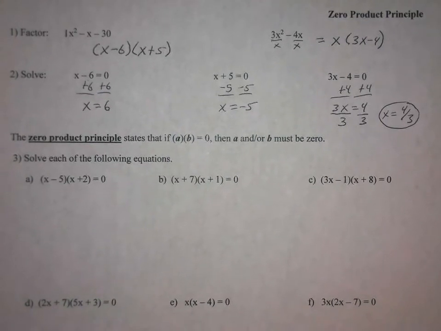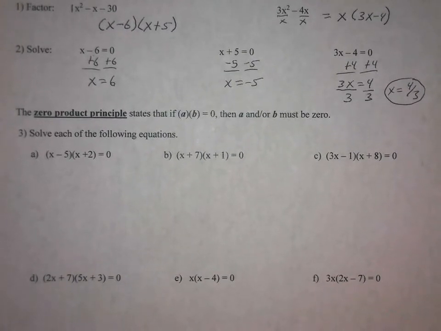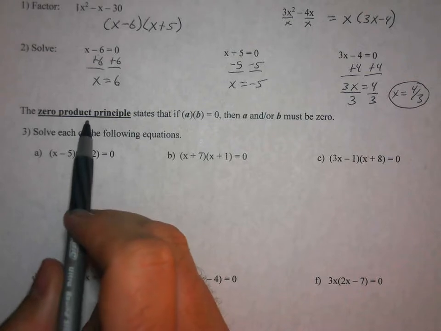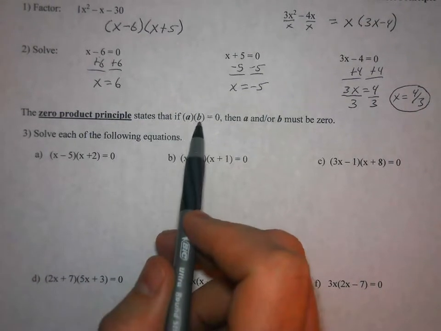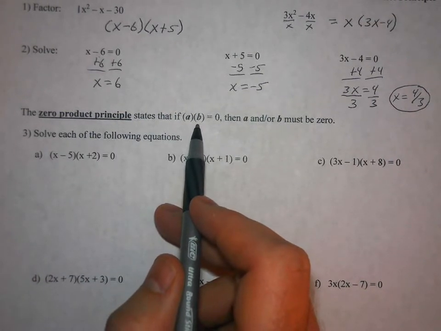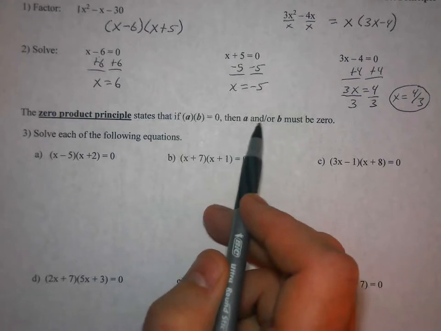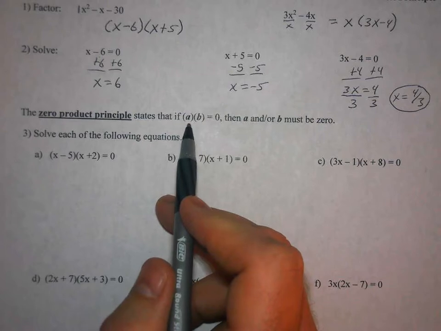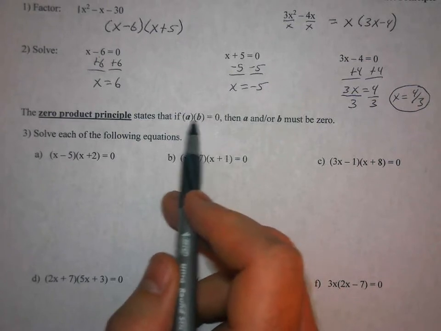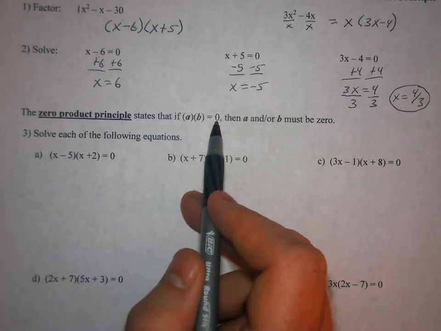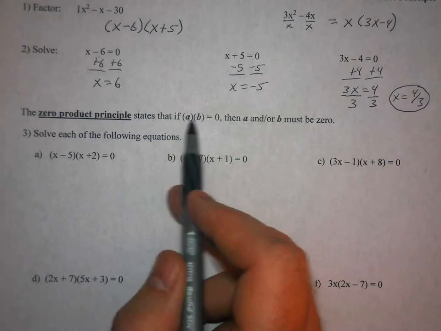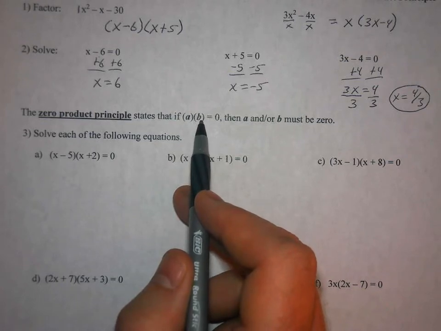So now what we're going to look at is something called the zero product principle. And this is extremely important. The zero product principle states that if a times b equals 0, then a and/or b must equal 0. So the basic idea there is, if you multiply two numbers and get 0 for an answer, then it should make common sense that at least one of those numbers had to be 0.